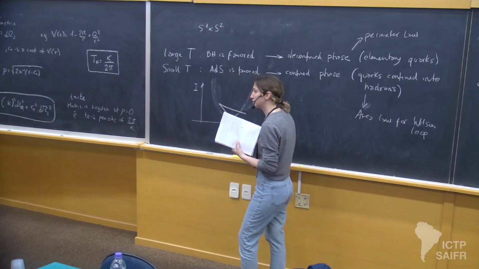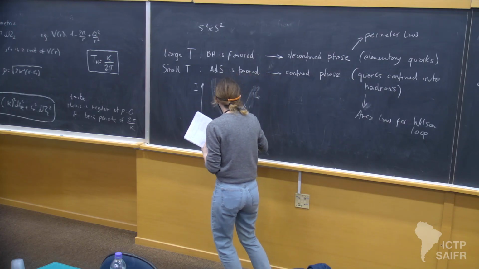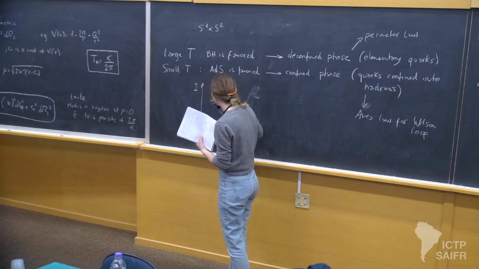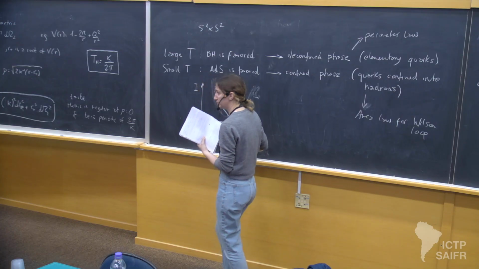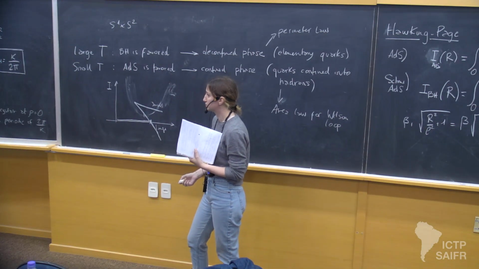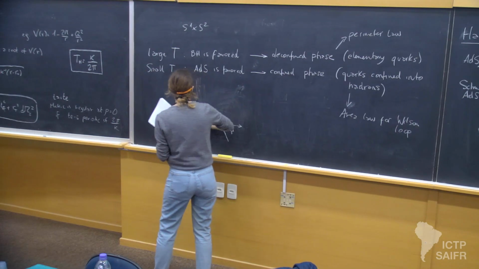These are the small black holes, these are the large black holes, and this is thermal AdS. So up to here, thermal AdS is favored, and from here on, the large black holes are the ones which are favored. Okay.